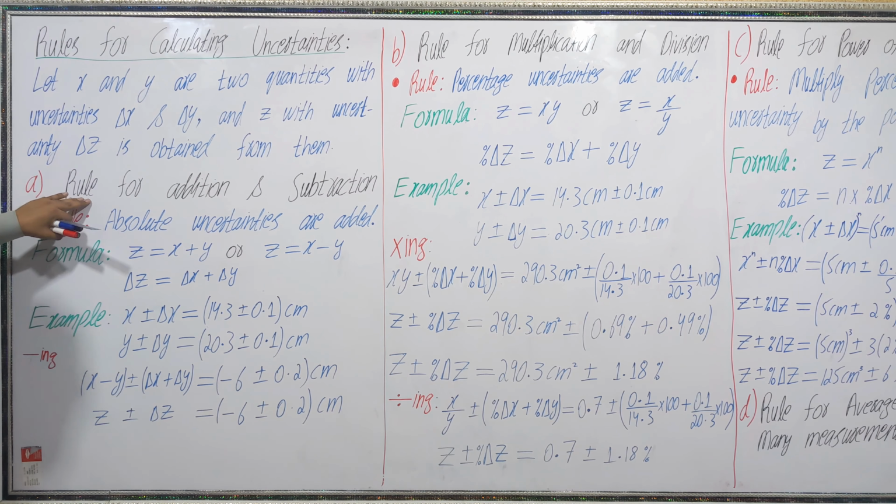In the last lecture, we measured the length of this marker by using this scale, and the length was about 14.3 centimeter, with uncertainty 0.1 centimeter.